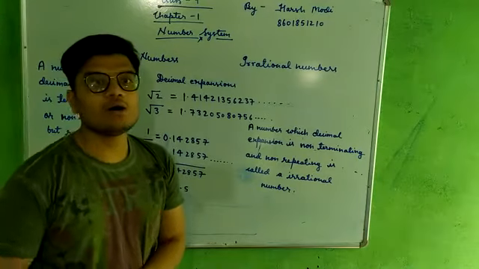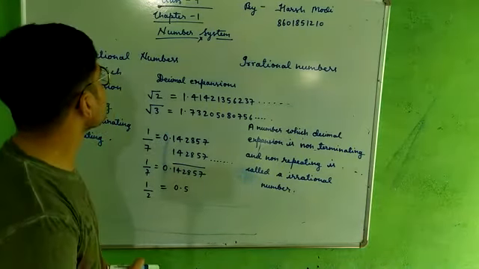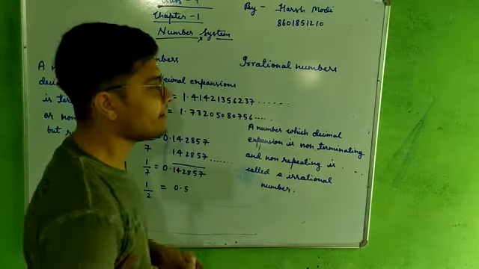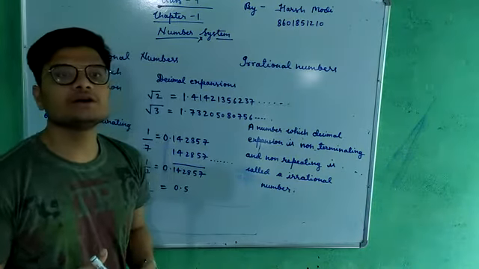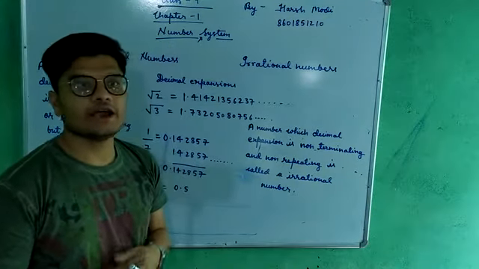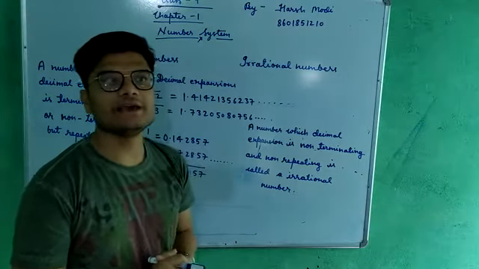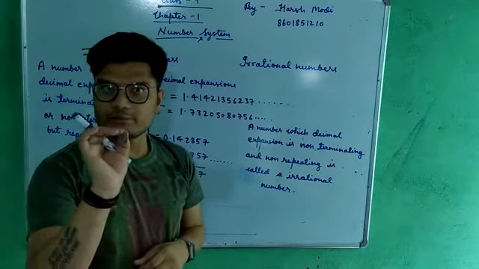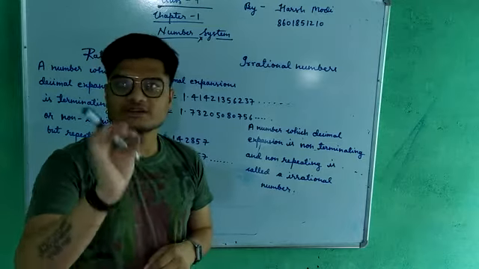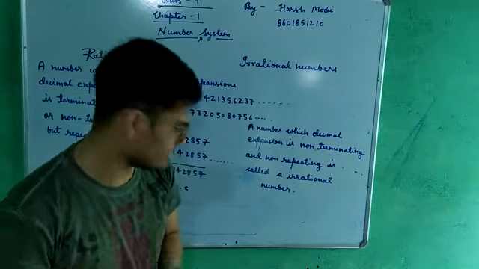But here one question is there for us: pi is irrational. If we move to the formula for pi, what do we get? Pi is equal to circumference upon diameter.